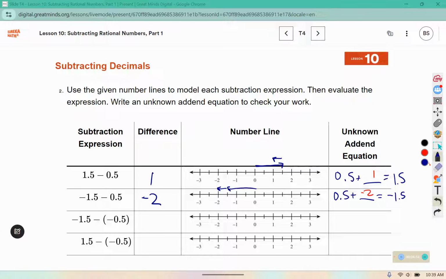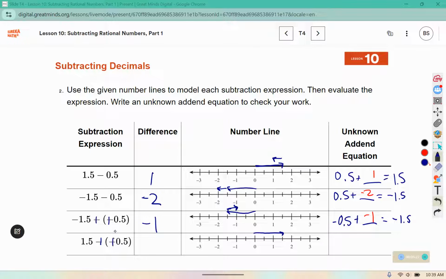Negative 1.5 goes backwards. Change, so move to the right this time, which puts us at -1. Our unknown addend equation will say -1/2 plus something equals -1.5. 1.5 is going to the right.